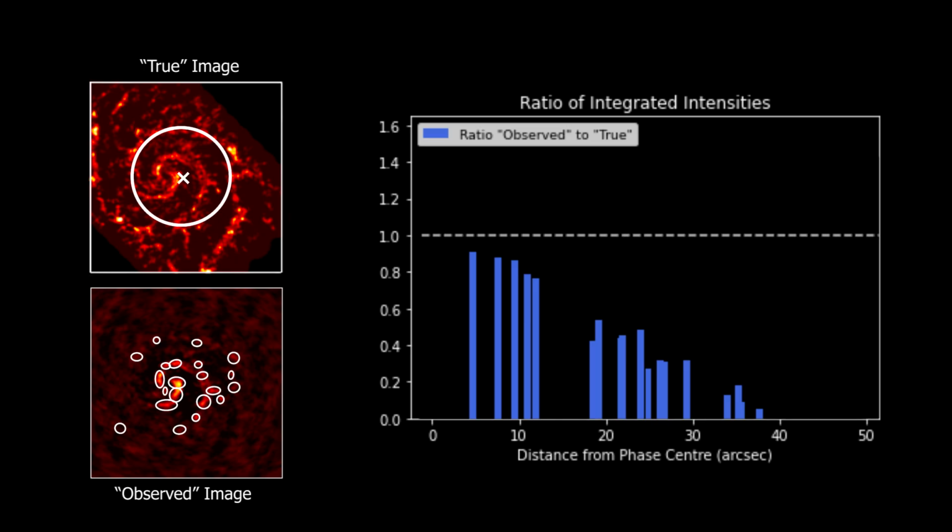Close to the phase center, the observed value is very similar to the true value, but as we move outward, the observed values get progressively smaller because of the primary beam response, shown here.